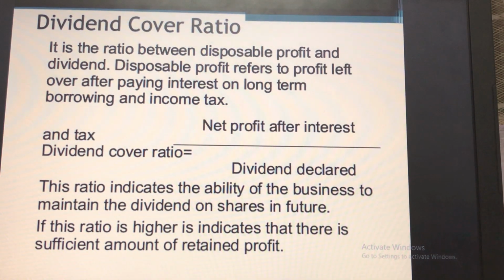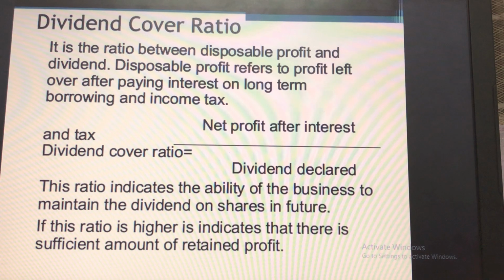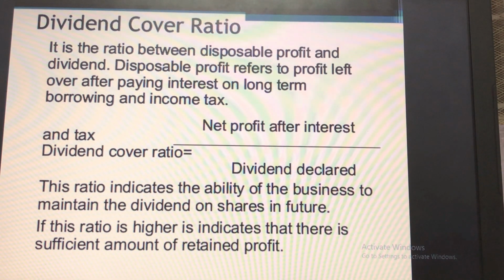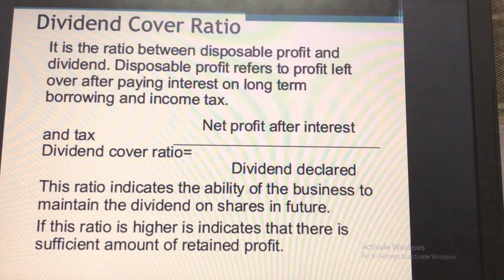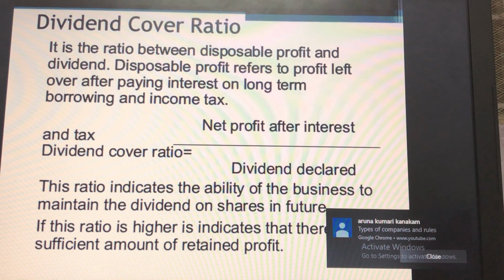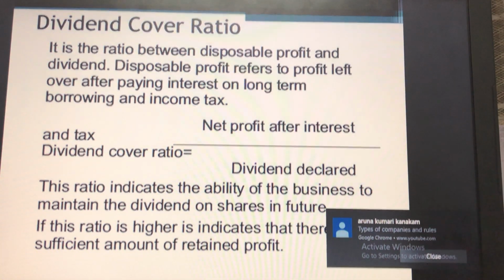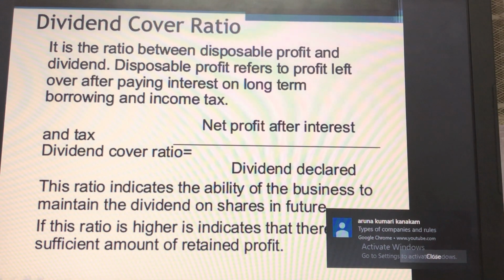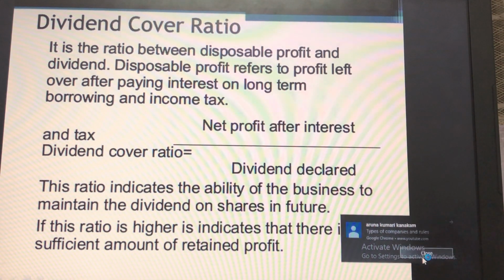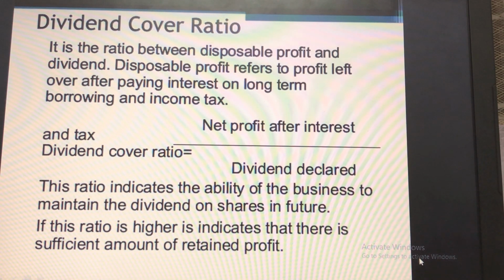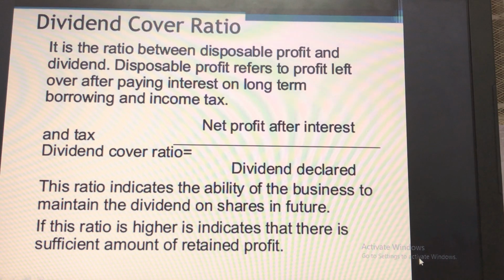Dividend cover ratio. It is the ratio between disposable profit and dividend. Disposable profit refers to profit left over after paying interest on long-term borrowing and income tax. Dividend cover ratio is equal to net profit after interest and tax divided by dividend declared.